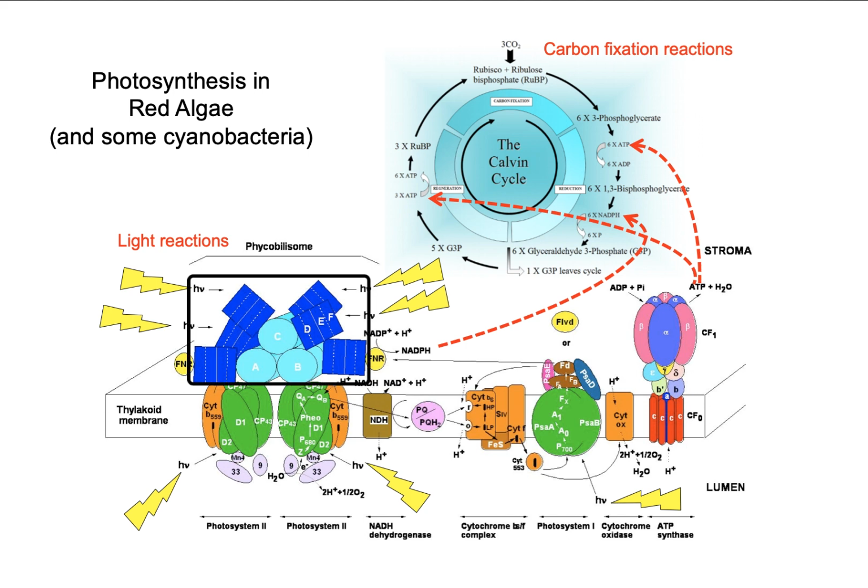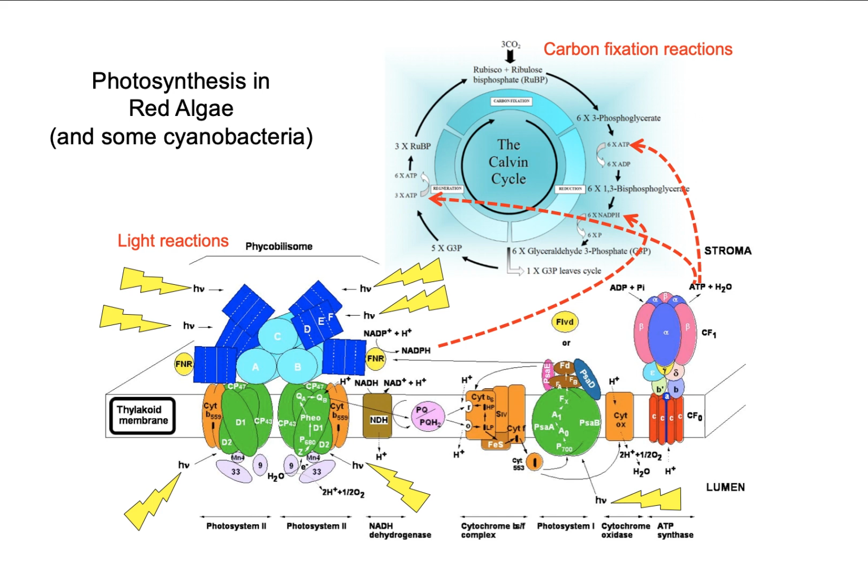So you have the phycobilisome that's gathering the energy from the photons, and it's gathering that in the form of energetic electrons, feeding that down into photosystem 2, where you're getting splitting of water into oxygen and protons, and the electron gets shifted into the electron transport chain in the thylakoid membrane.